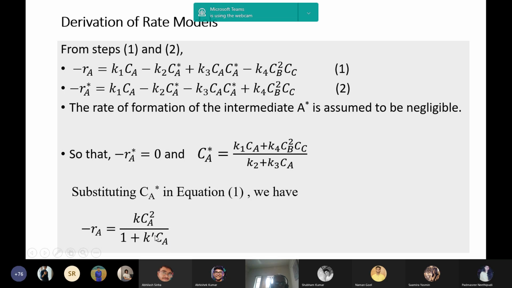But if Ca is very high, the inhibition effect is there and we can neglect the 1, then Ca cancels out and rate will be converted to first order. So at higher concentration, we observe the reaction is first order type, and at lower concentration it is second order type.